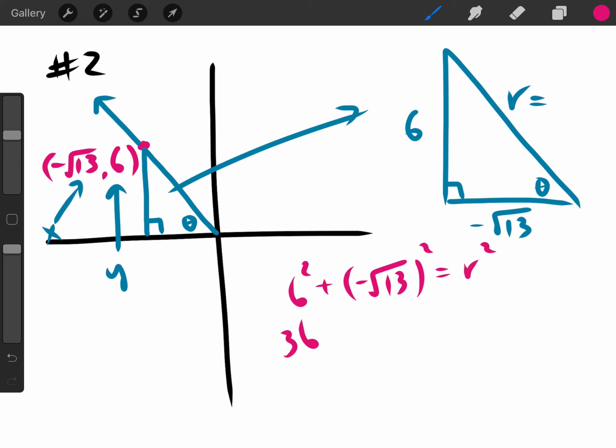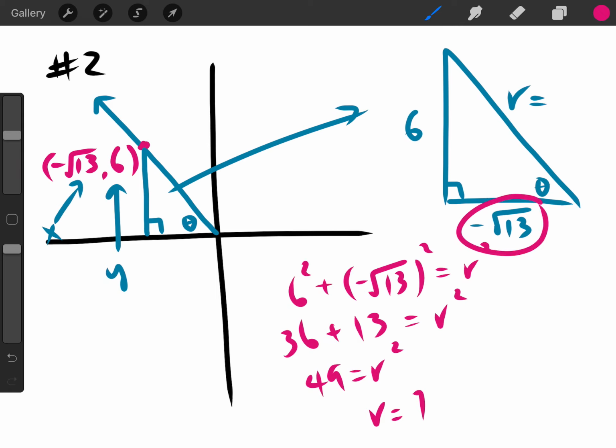So this is 36 plus, make it a positive 13 equals r squared. So your r squared equals 49, your r equals 7. Keep in mind that you could have a negative value for one of the sides, but your radius is always going to be positive, because using Pythagorean theorem it's always going to be positive.